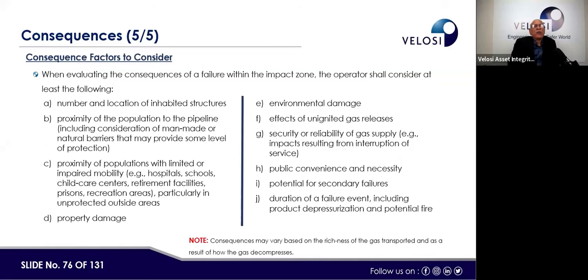See, from the consequence point of view, we evaluate, for example, the number and location of inhabited structures, like the population or people around the pipeline route, proximity of the population to the pipeline, proximity of population with limited or impaired mobility, for example hospitals and schools, environmental damage, effect of unignited gas releases, security or reliability of the gas pipeline, public convenience and necessity, then potential for secondary failures, and duration of a failure event, including product depreciation and the potential fires.